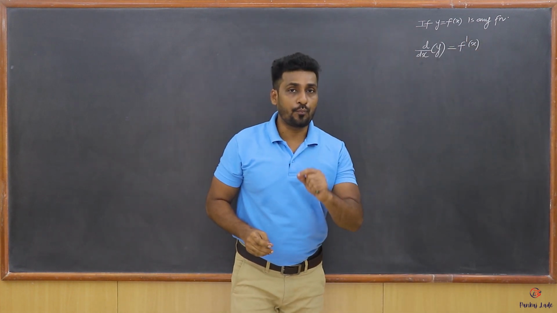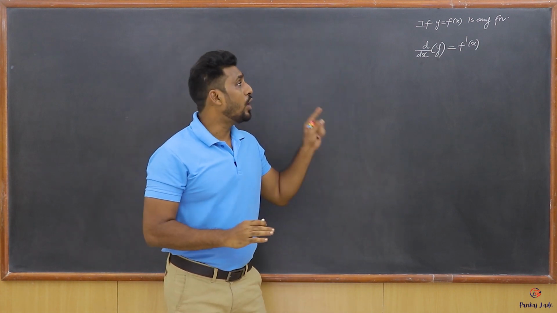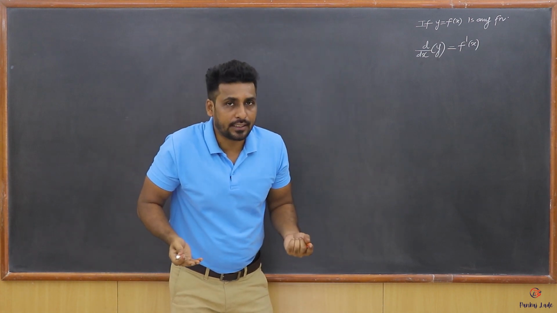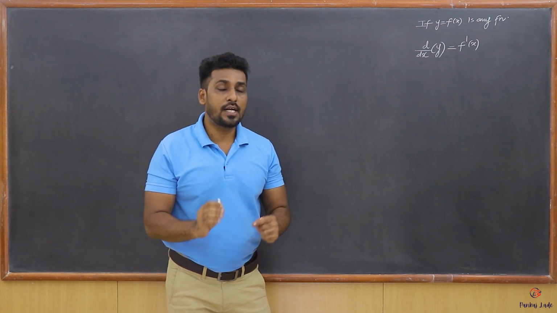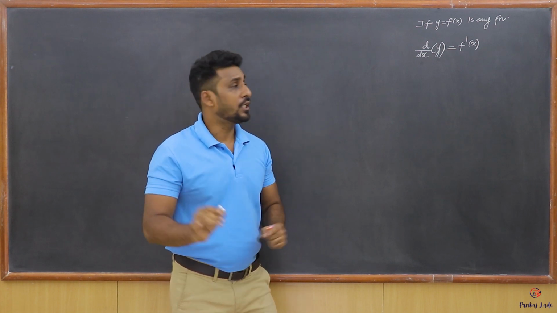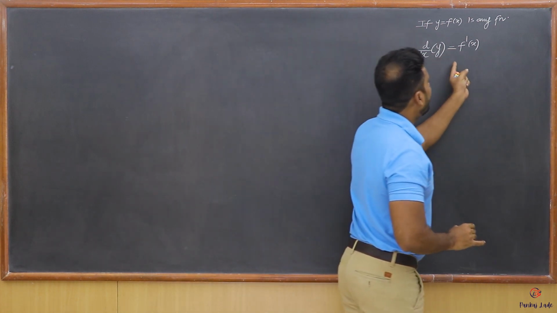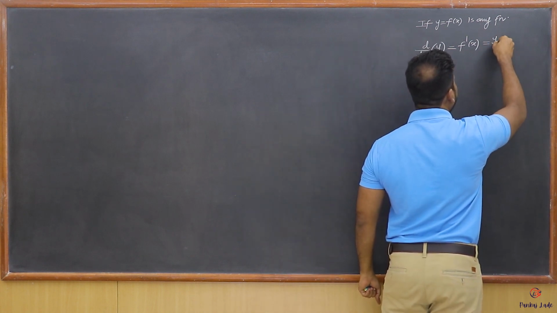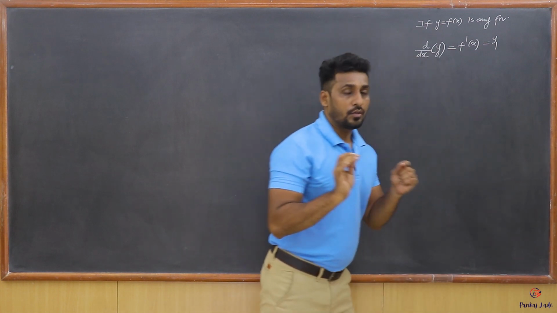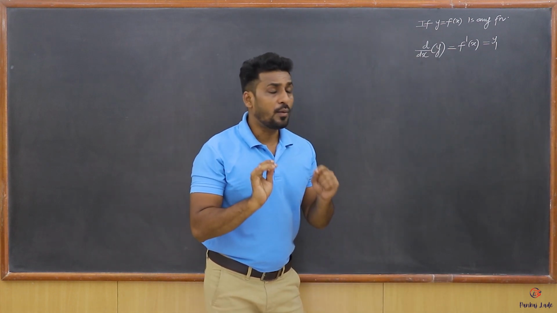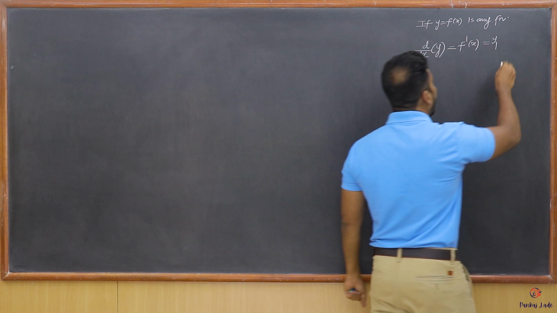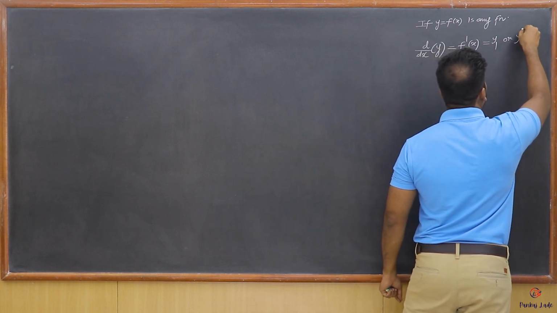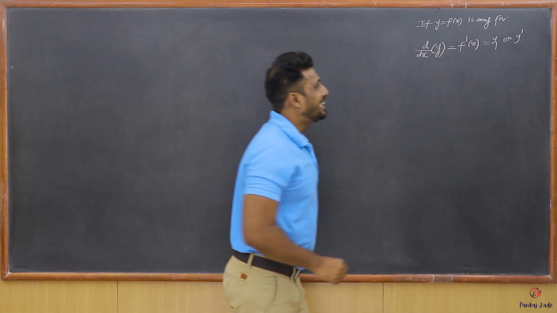Now students, this is very important. In your lower standards you are reading this as f dash of x. Now it is not f dash, it is called f1 of x. So dy by dx, or you can say f1 of x, or I can also write it as y1, the real number 1, or I can also write it as y with a 1 on its head.